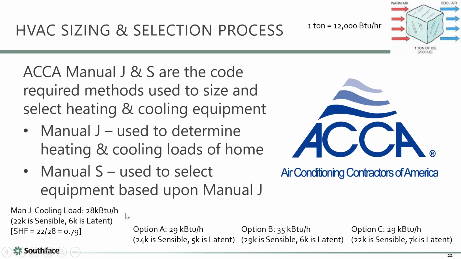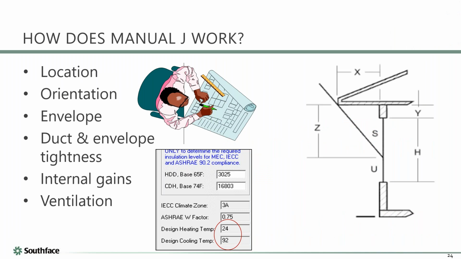But the idea being that as long as you put variable speed in, if it can automatically reduce itself to less than the peak load, I'm going to give you a little wiggle room, and that way there's no reason to fudge the Manual J. Why do people fudge Manual J? Because they think they want a bigger air conditioner than what they need. So we'll talk about that in a second.